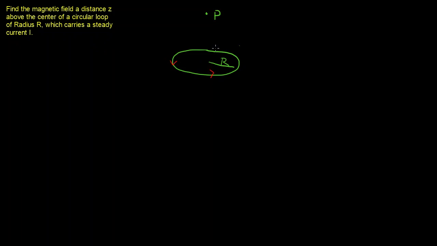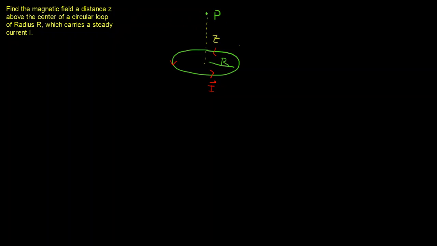Let's just say it's in this direction, and this current is called I. And this is what it gives us. Oh, it also gives us that the height from here to here is z, and that's what it gives us.